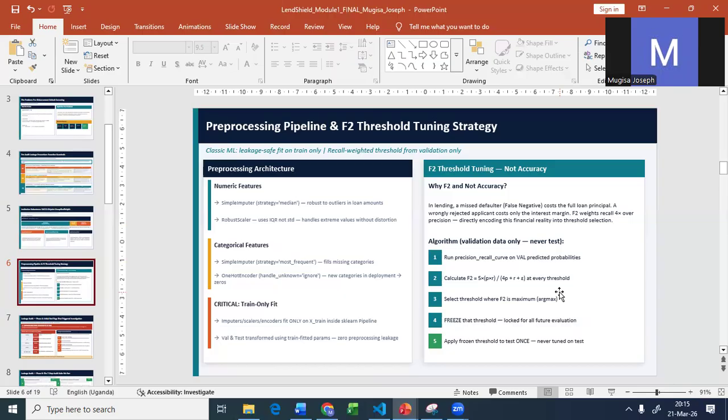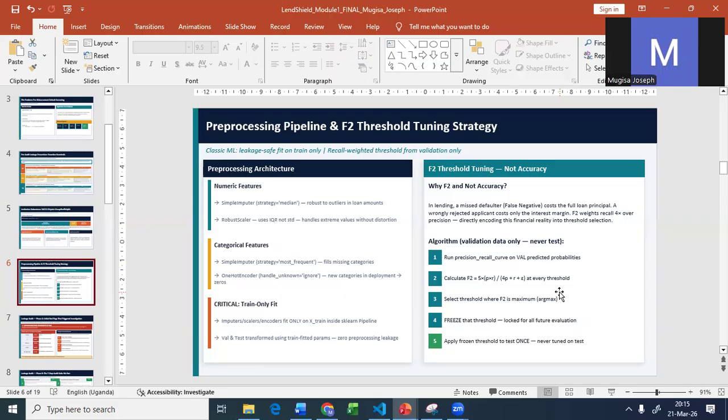That is what we call precision. Then we look at recall. If we have 100 defaulters, how many of them do we actually catch? If we catch 90 of the 100, we say our model has a recall of 0.9.